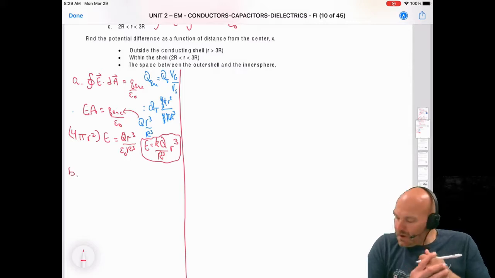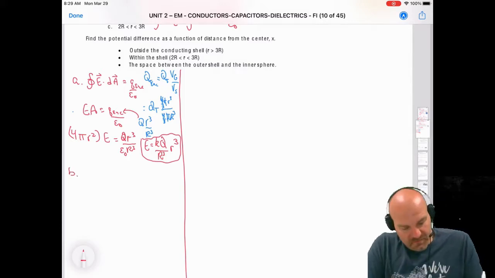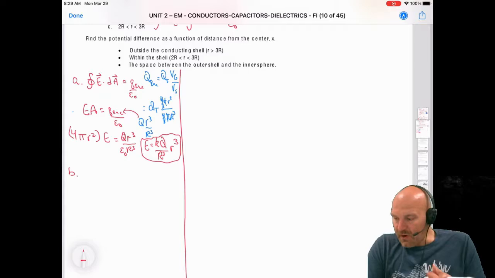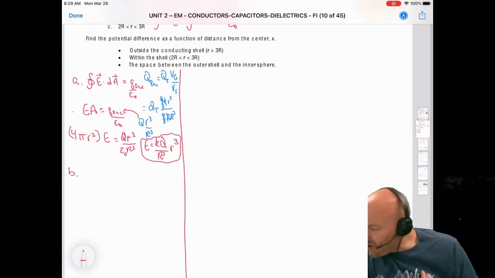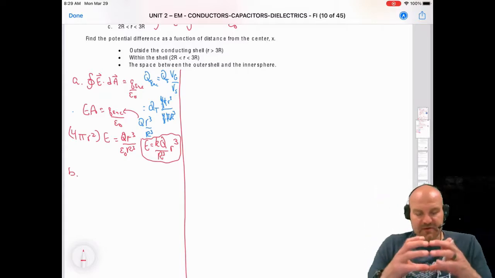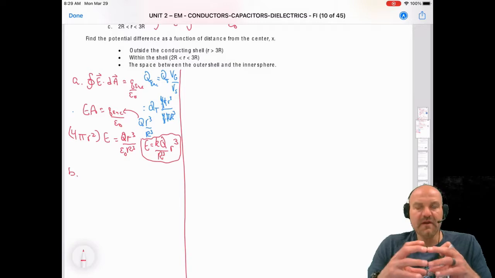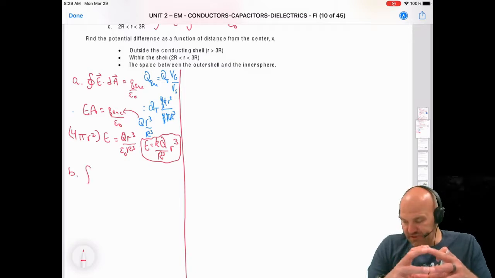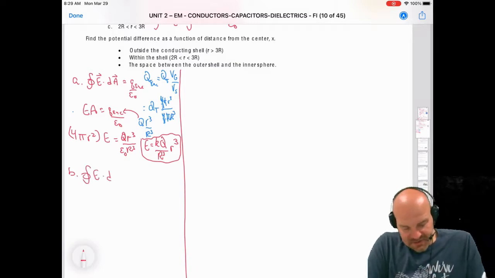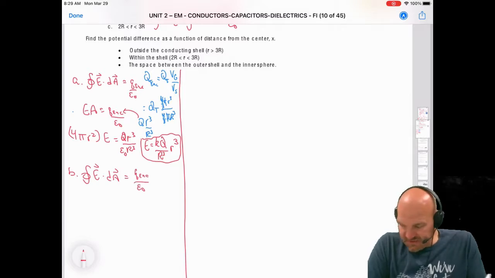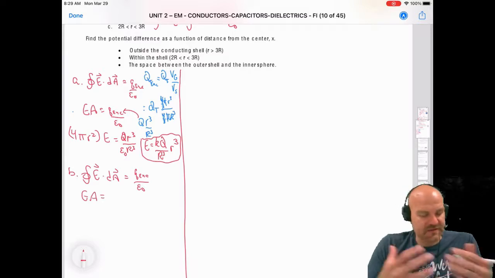Okay. All right. For the next one, for part B, it's going from R to 2R. So now we're going to surround our insulating sphere, which is now just going to be a point charge. Again, they want you to use Gauss's law, but this one becomes pretty easy because now the charge enclosed is no longer a portion of it, it's the whole thing.